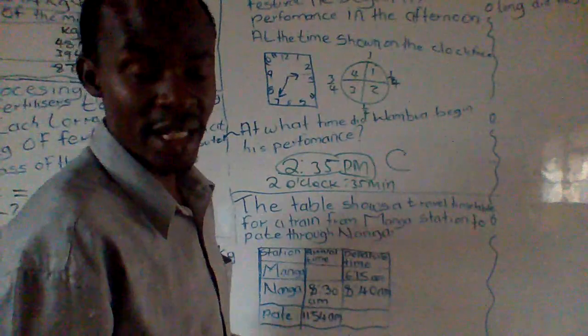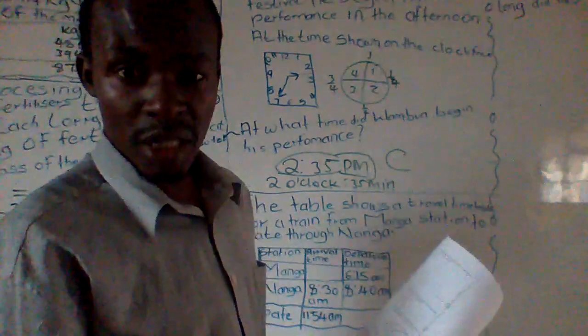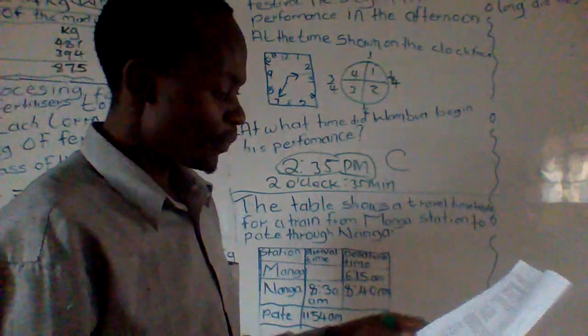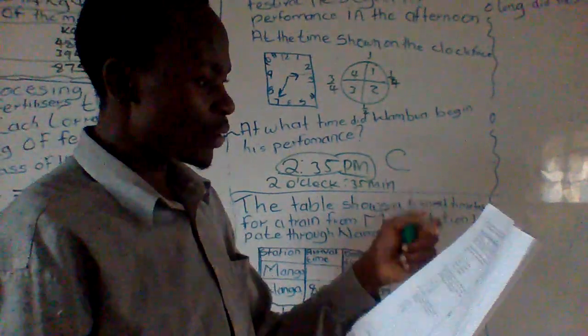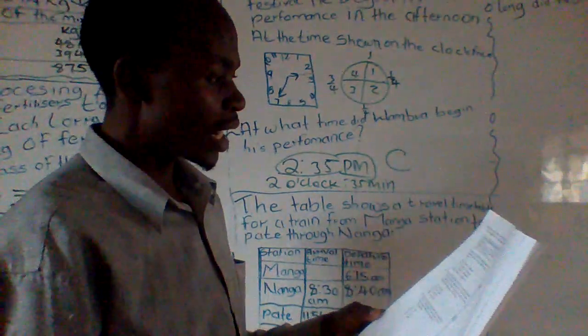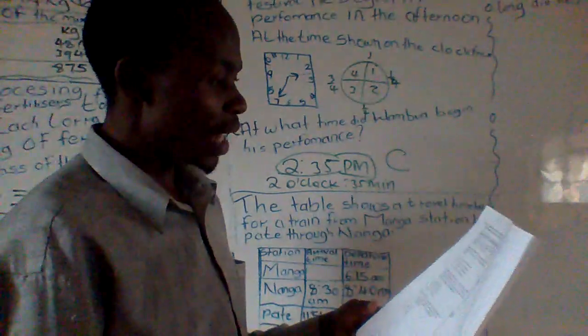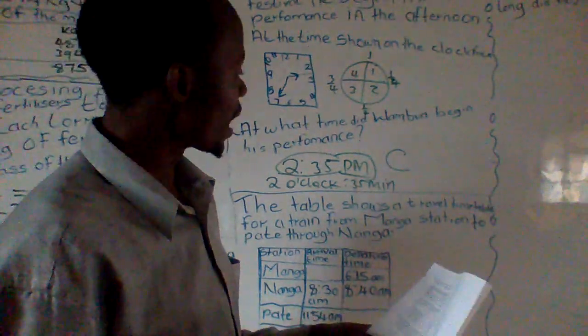Question 20 says, the table shows a travel timetable for a train from Manga station to Pate through Nanga.